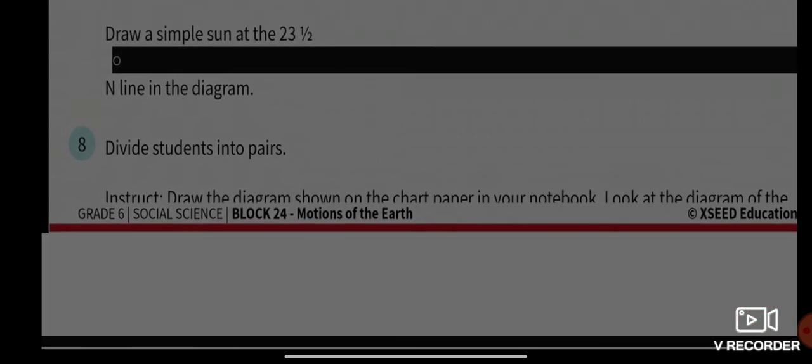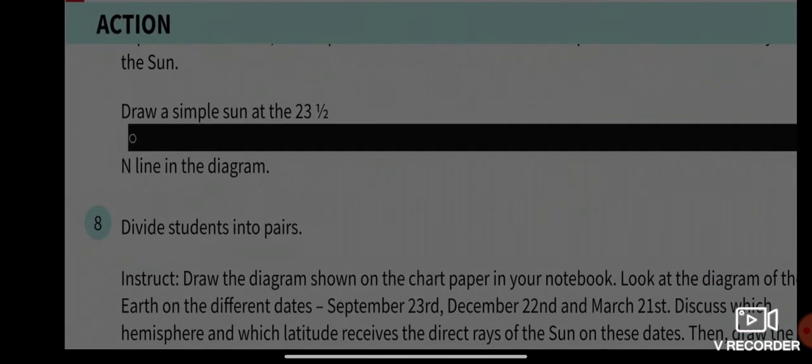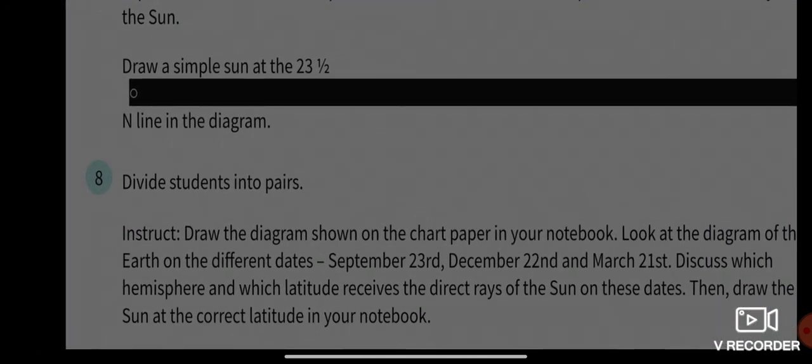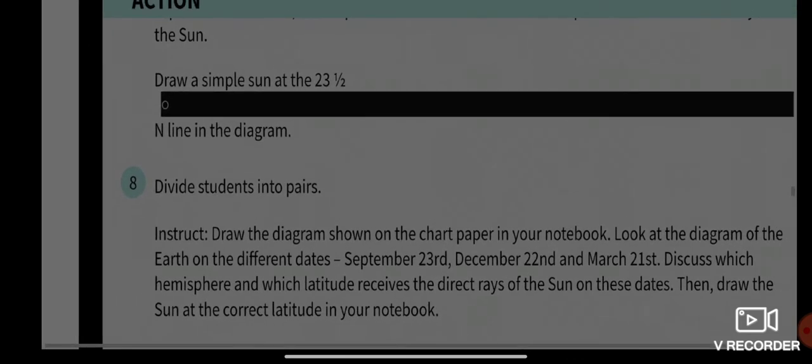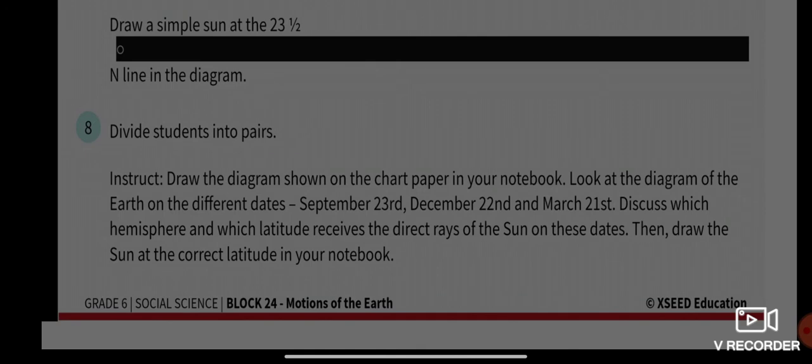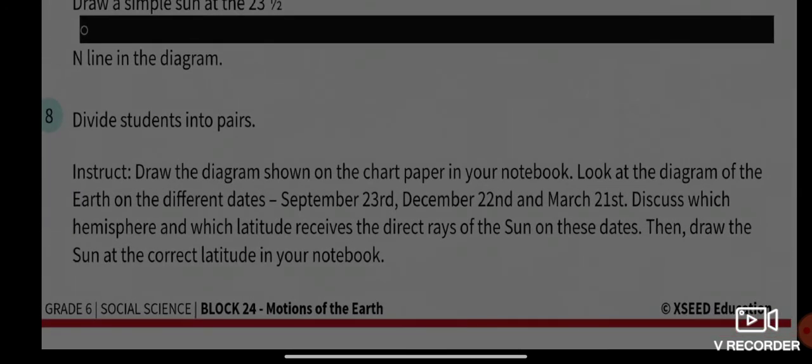So you have to draw a simple sun at 23.5 degrees in the diagram, as shown on the chart.